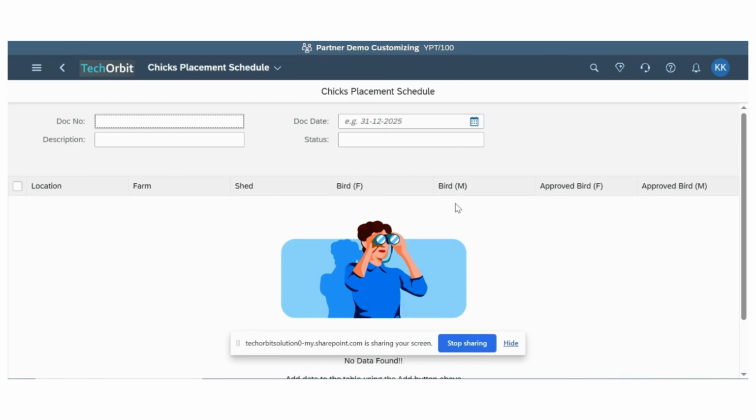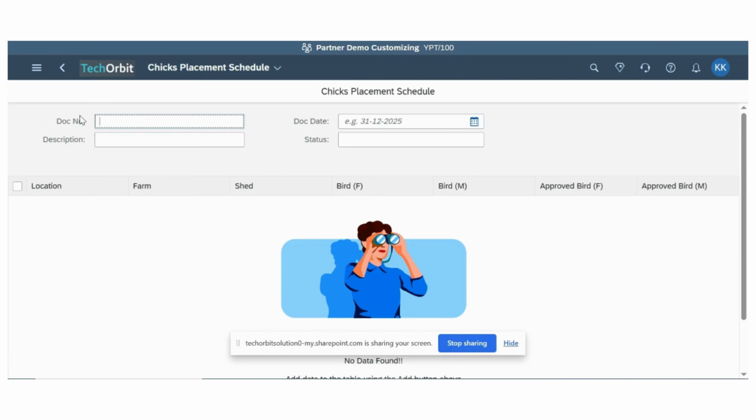A senior person like the branch manager will approve the schedule as per his experience and the need, and send it to the bird procurement process. Here we can capture the status of that particular schedule, whether it is placed or not, whether it is on hold.